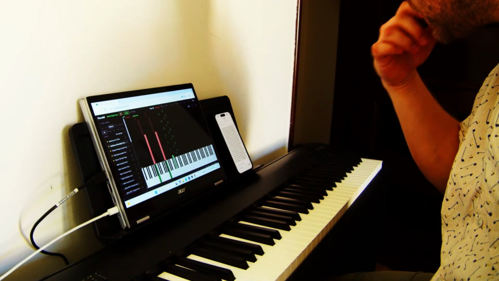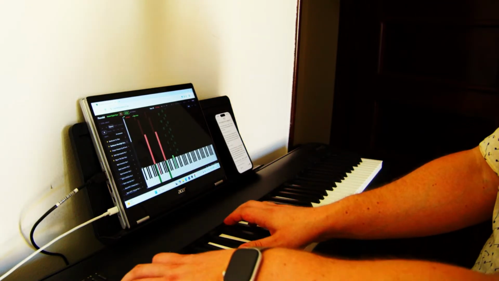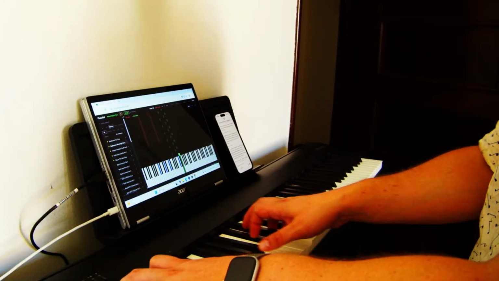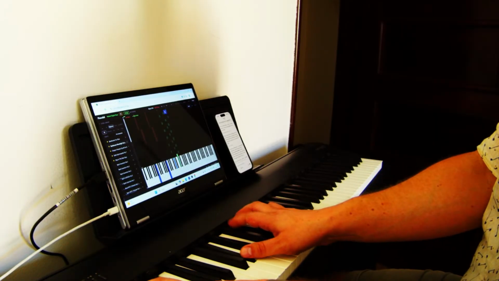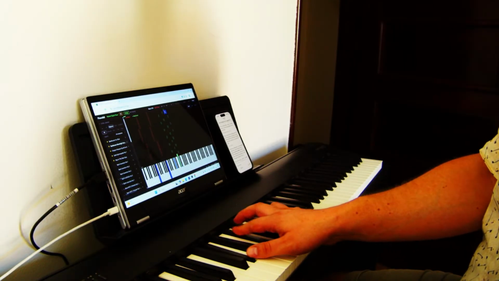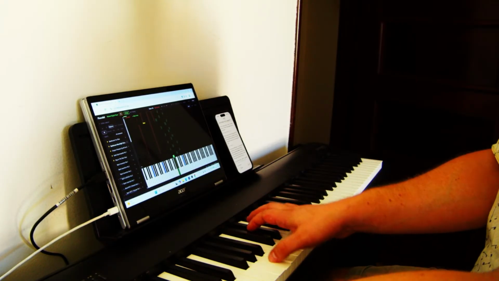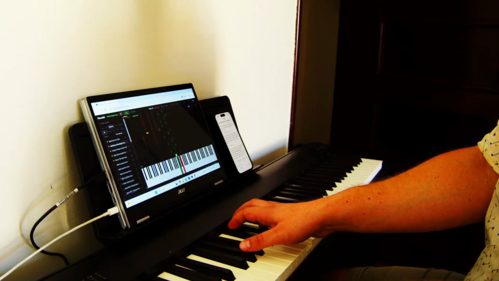Could we build in some kind of error margin? Let's see if it did that. Reset. No error margin.